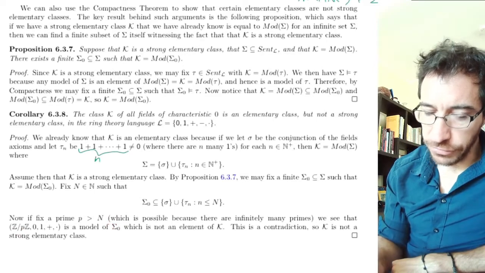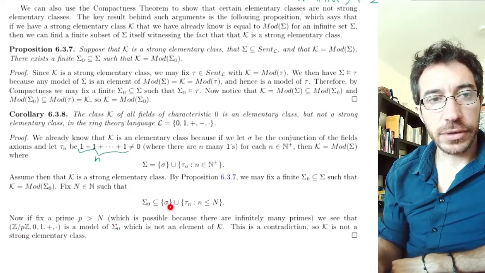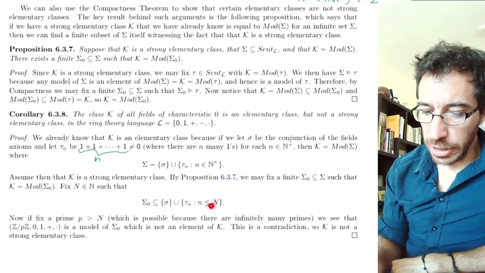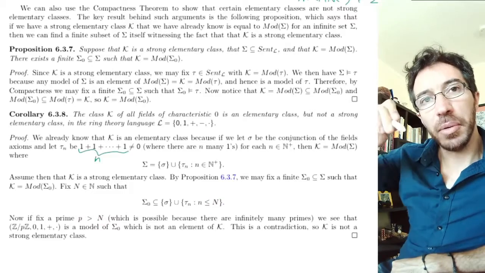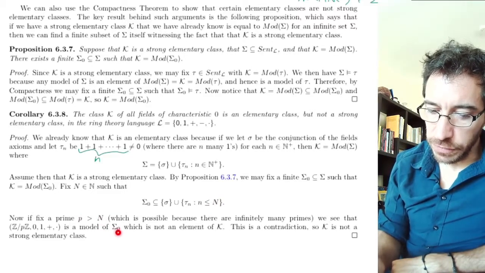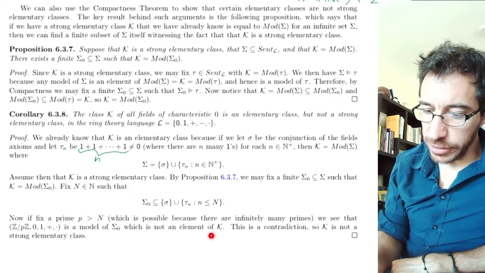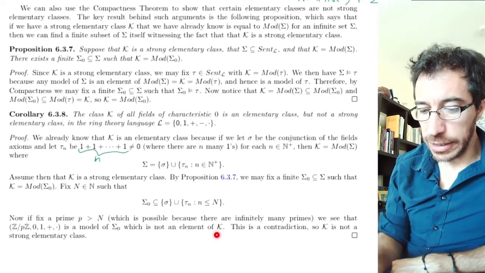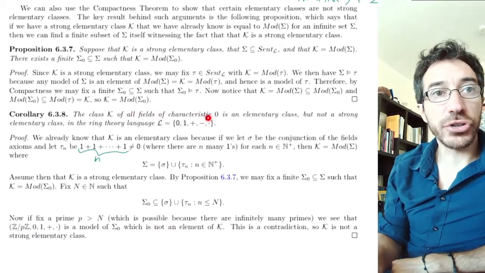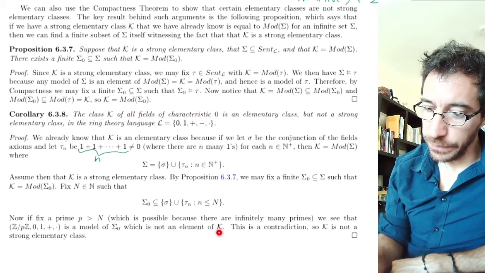Well, because it's a field, it satisfies this, and 1 plus 1 plus 1, if you add them fewer than N times, you still don't reach 0, because p is bigger than N, and you have to go all the way out to p to go back. Okay, so this is true, it's a model of sigma 0. And it's not an element of K, because it has characteristic p and not 0. Okay, so that's why.